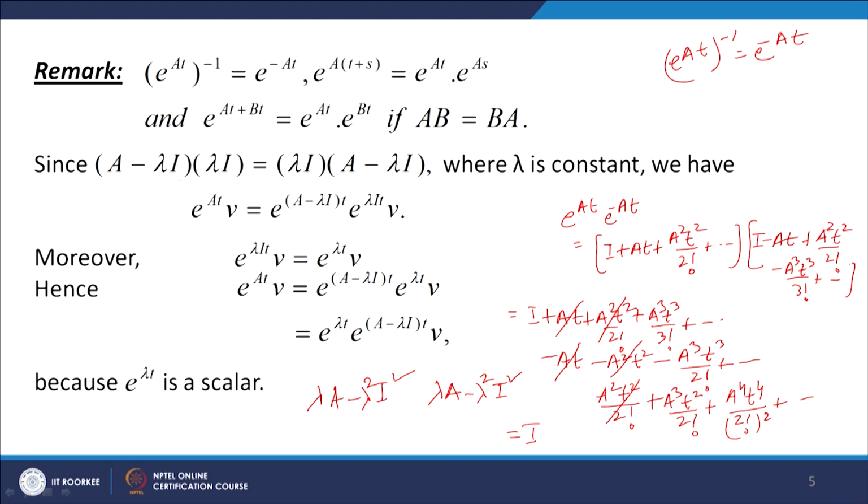So a minus lambda I and lambda I commute, okay, where lambda is constant.